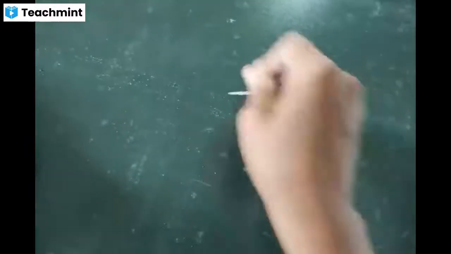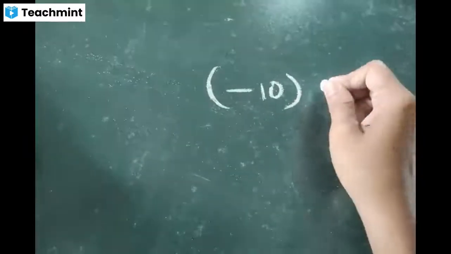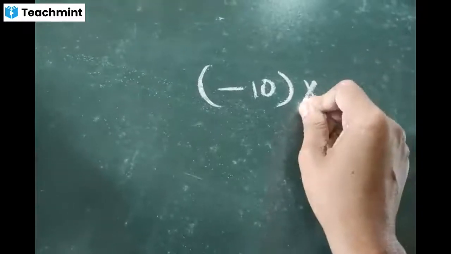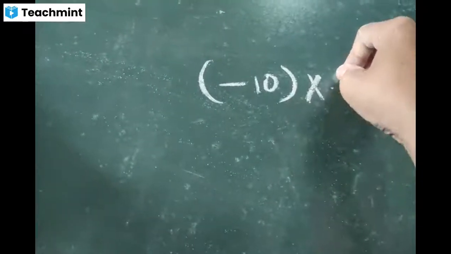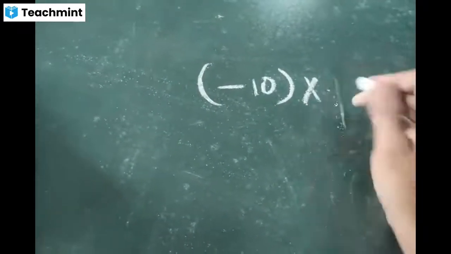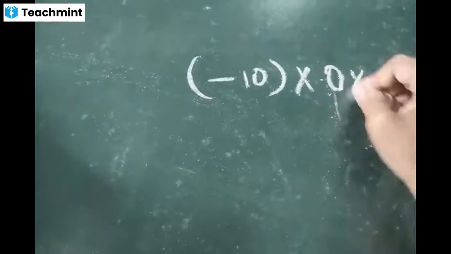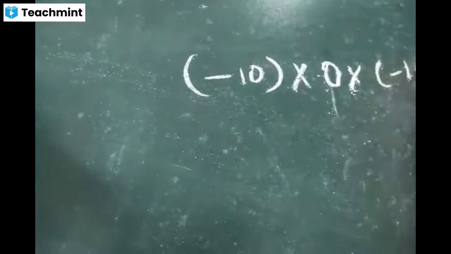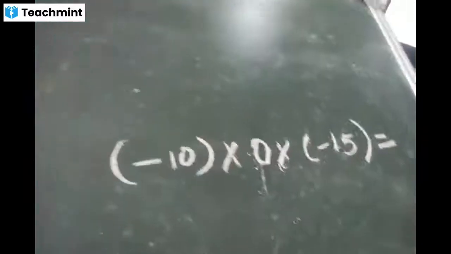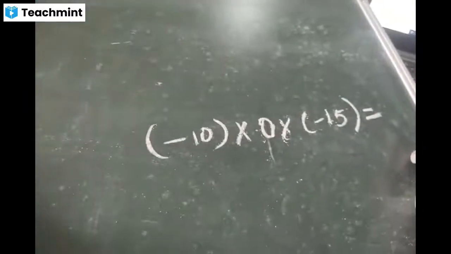Next question. Minus 10 into 0 into minus 15 is equal to. Anybody, will you tell me the answer here?